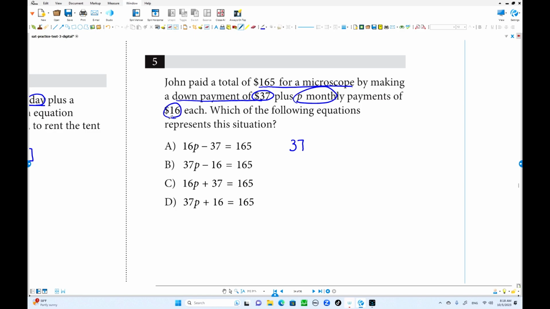Each month is just $16. P months is what? 16 times P dollars. So the sum of these must equal the price of this microscope. So 37 plus 16p equals 165. Here you go.